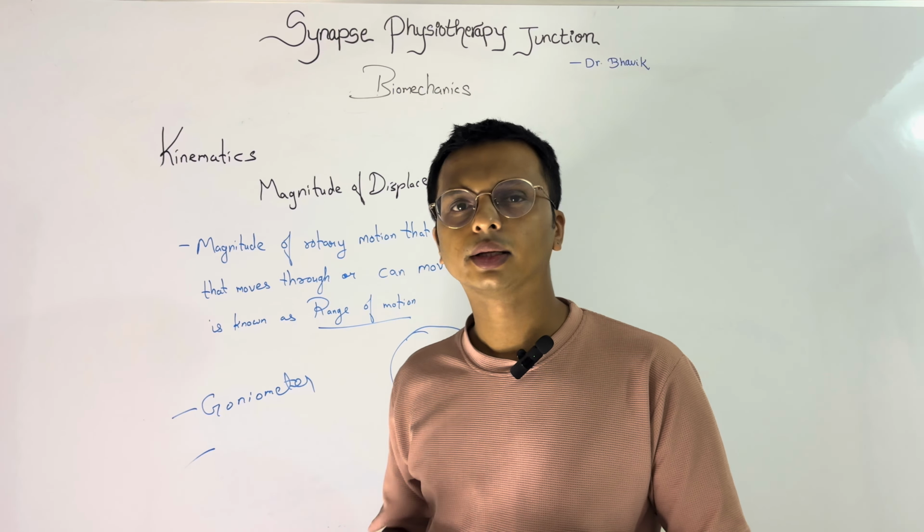Next is rate of displacement. So we studied magnitude of displacement. Now there is rate of displacement. Magnitude of displacement is range of motion. Why is rate of displacement important? Suppose one person takes 1 second for elbow flexion and another person takes 1.5 or 2 seconds for elbow flexion.